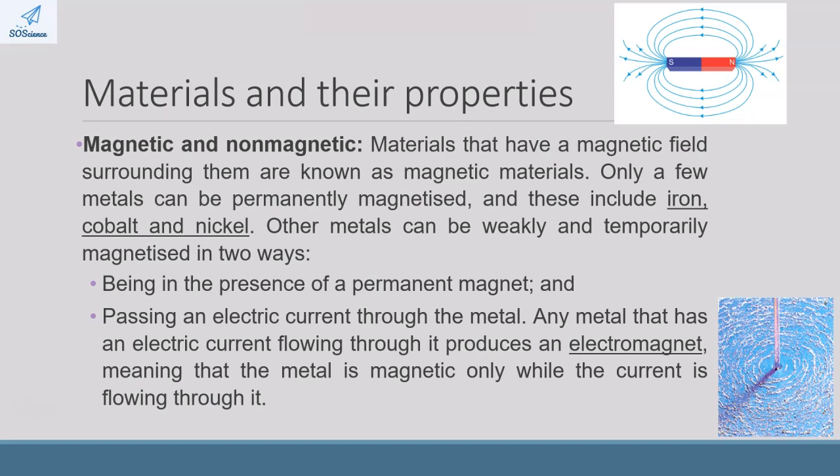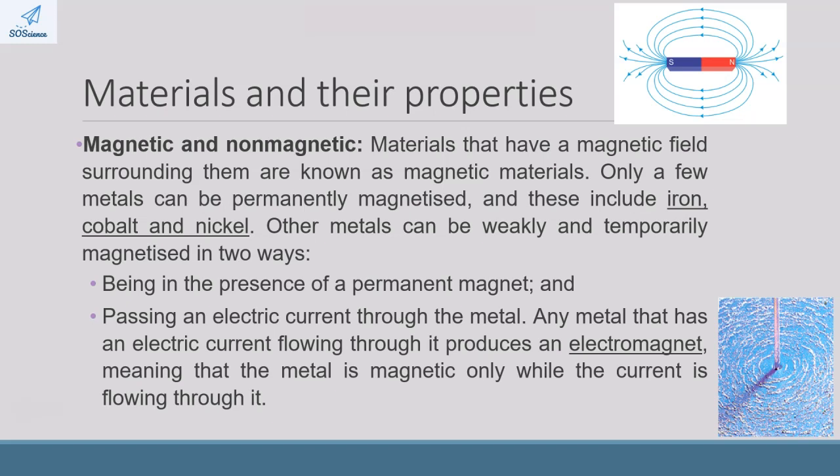They don't lose their magnetism. And those elements include iron, cobalt, and nickel. So other metals, like I said, can also be magnetized, but that would not be a permanent magnetic field that would be created around them.